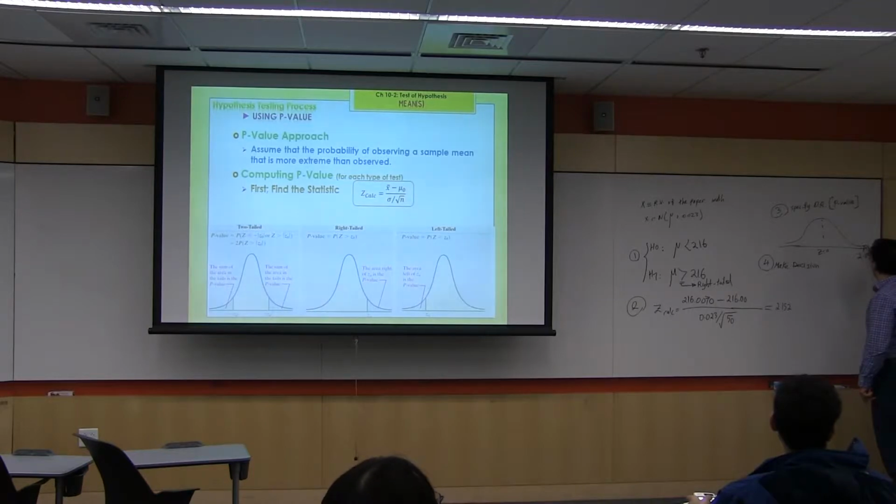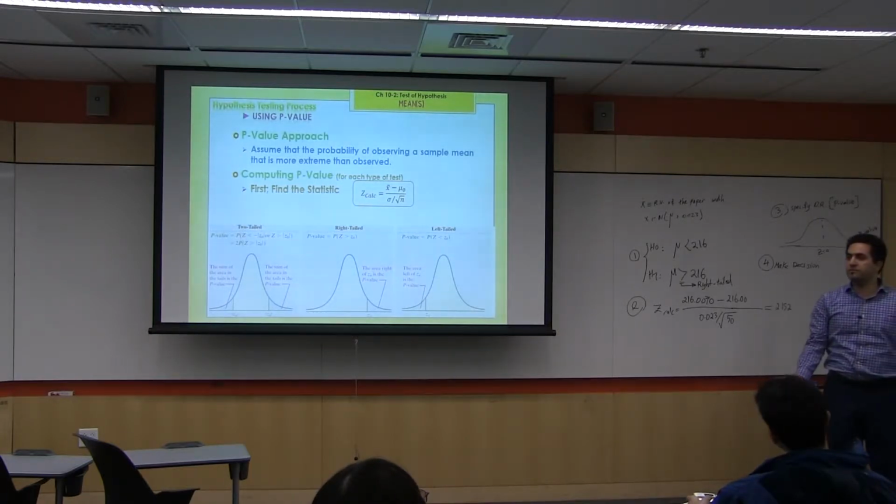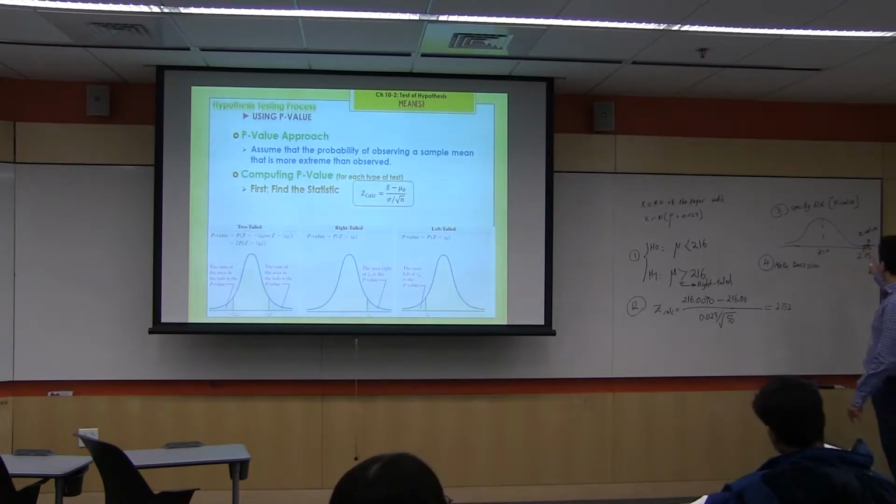The area to its right is going to be your p-value, folks. Pretty easy. Now, all of you have to look at the z-table for z of 2.15 and tell me what's the area to its right, not to its left, because this is the area to its right.